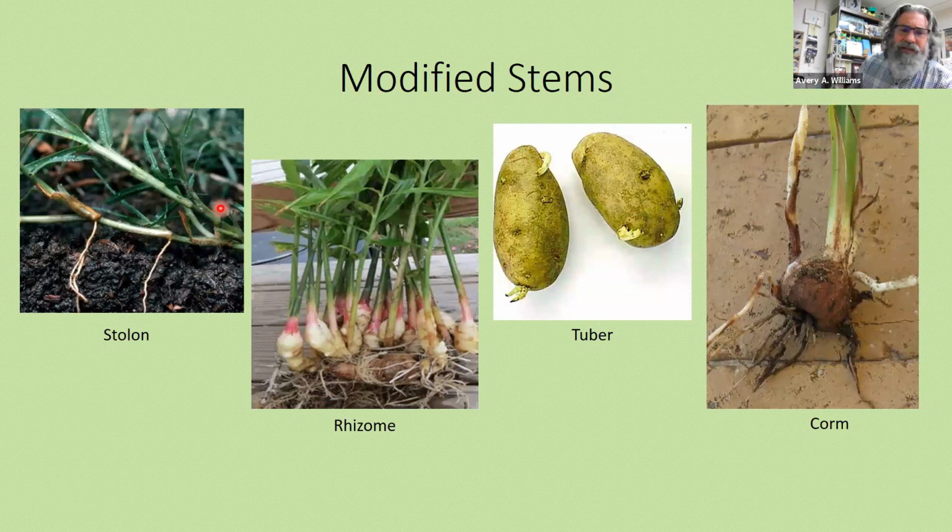And this is like what you see if you identify runners on St. Augustine grass, and you got little runners that grow. Well, those are called stolons, and you got roots and leaves at the nodes, okay? And so that's a modified stem.